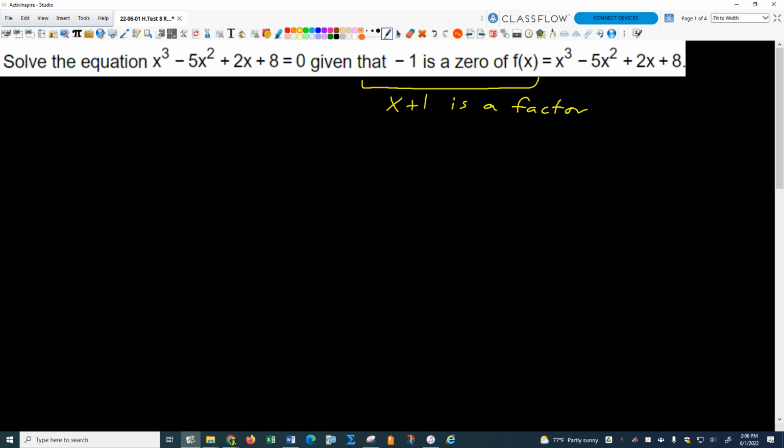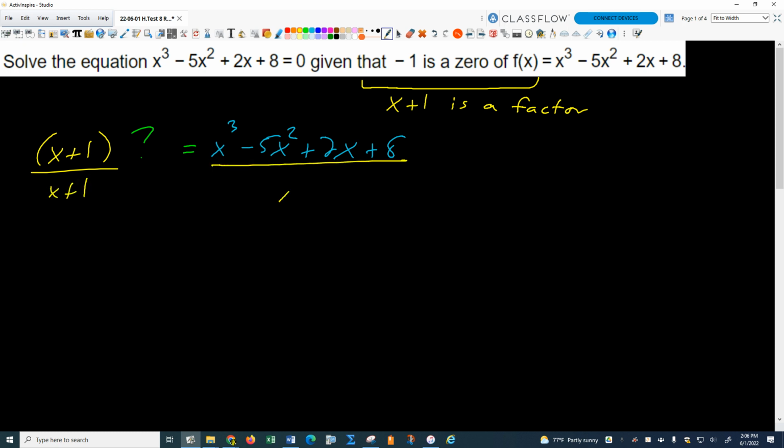And so we know that x plus 1 times something is going to equal this whole big thing. So we could just divide both sides by x plus 1. So those guys cancel, and that'll tell me the other factor that's multiplied by x plus 1.